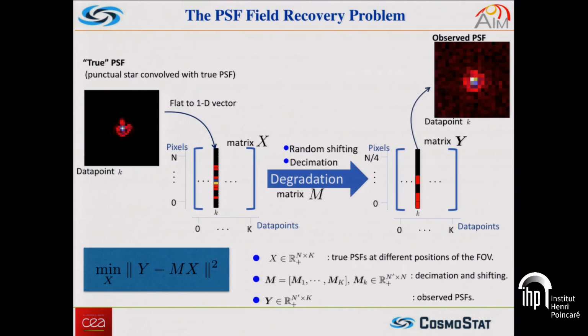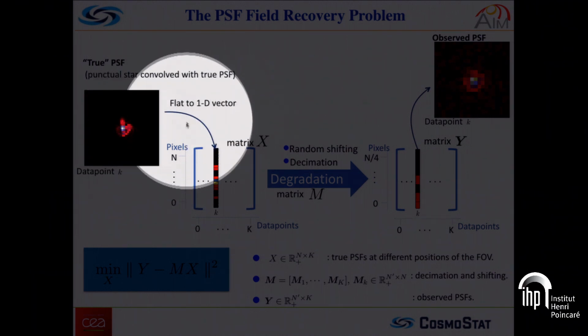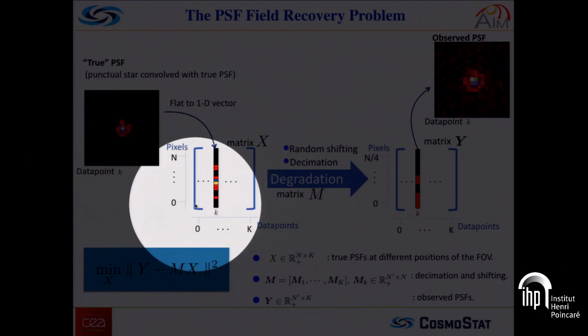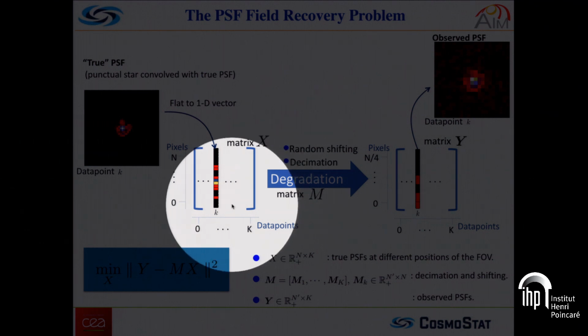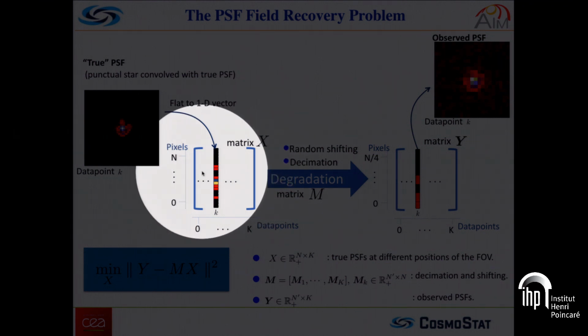So, some notation now. We have many galaxies, many stars, and from these stars, all together, we want to estimate the field. We write one image of a star as a single vector, and then we have a matrix for all the stars. These are the upsampled stars that you want to recover.